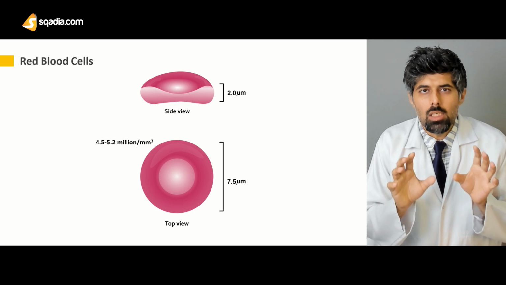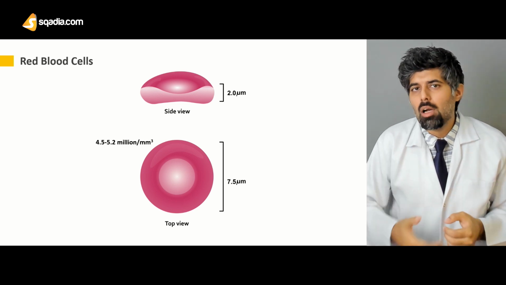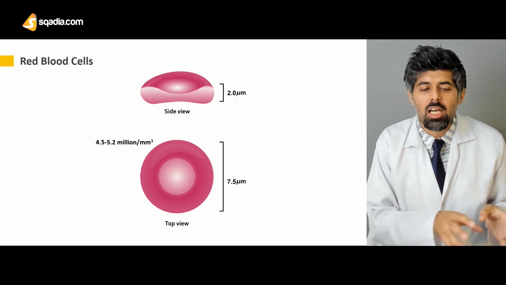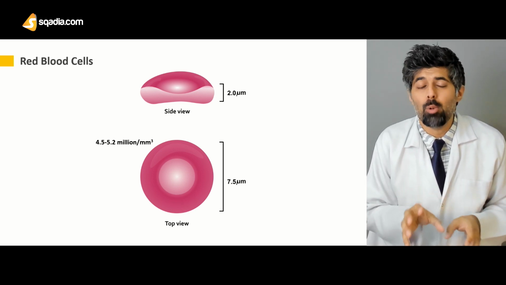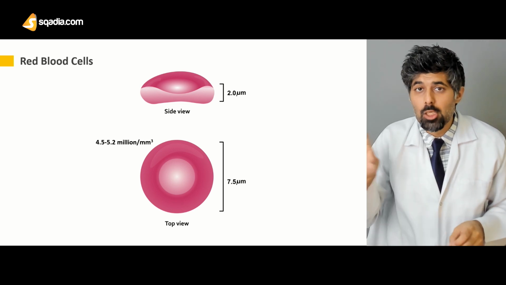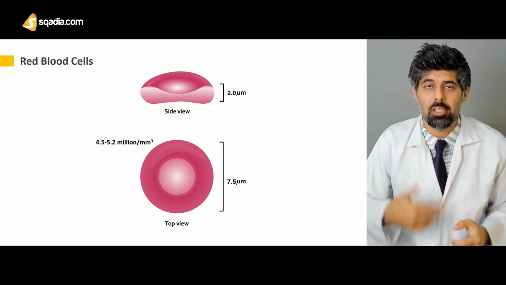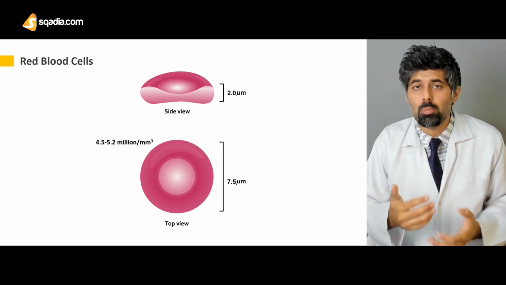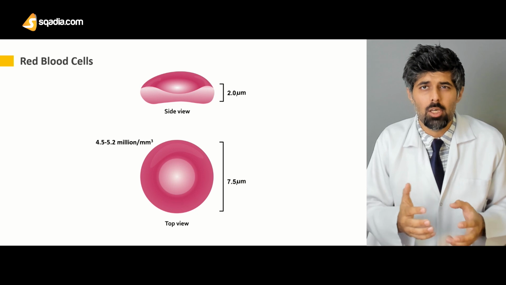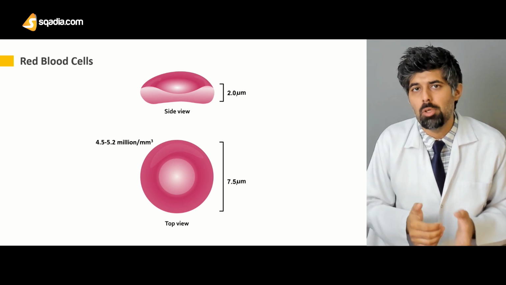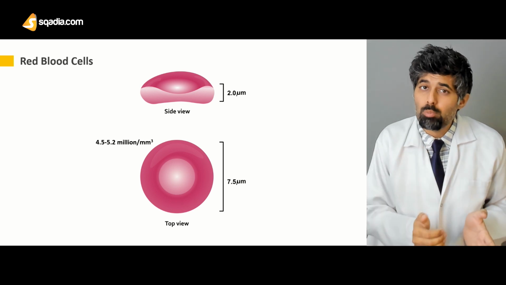Next, we know that there are a lot of RBCs which make up the blood, and their range lies from 4.5 to 5.2 million per cubic millimeter. Now that's a lot of RBCs circulating in the blood, considering there is about 5 liters of blood circulating at any time in a human being.